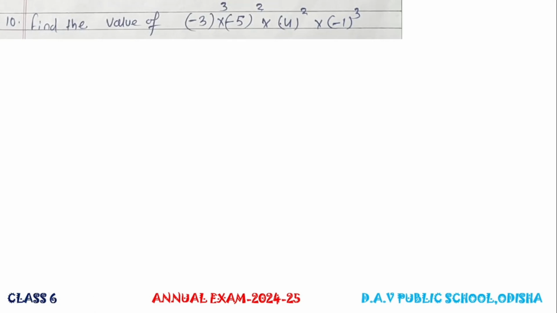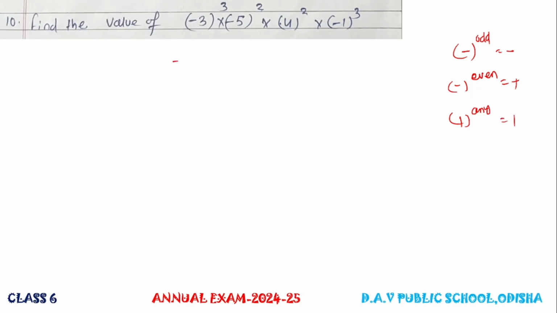Find the value. And the last question. How to solve? Now we know that minus to the power odd is minus, minus to the power even is plus, and 1 to the power any number, 1, 2, 3, 4, 100, 1000, any number is equal to 1.